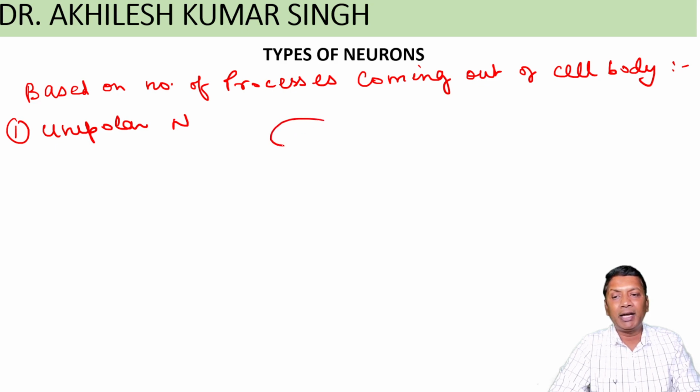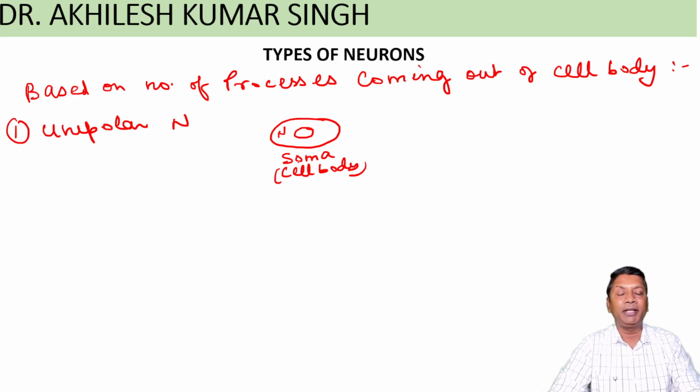So this is the diagram of the cell body. The cell body is also called as soma. And this is the nucleus of the cell body, and if one process comes out from the cell body, such type of neurons are called as unipolar neurons.